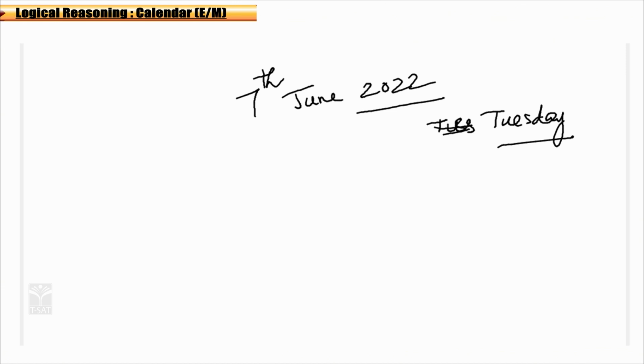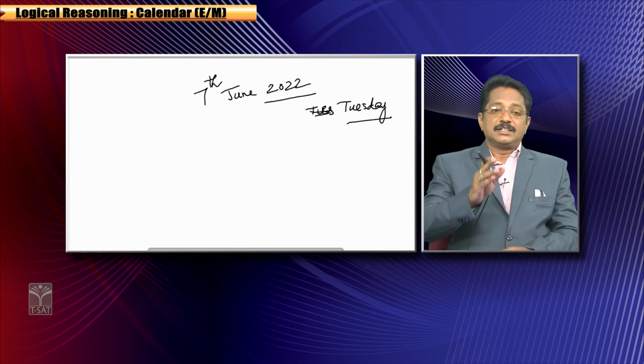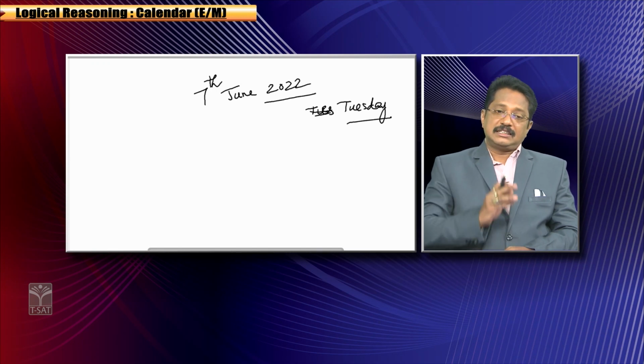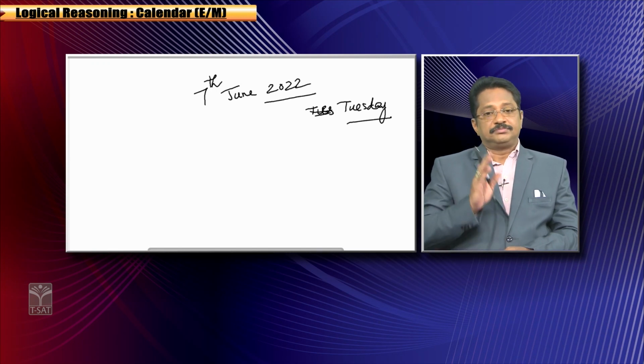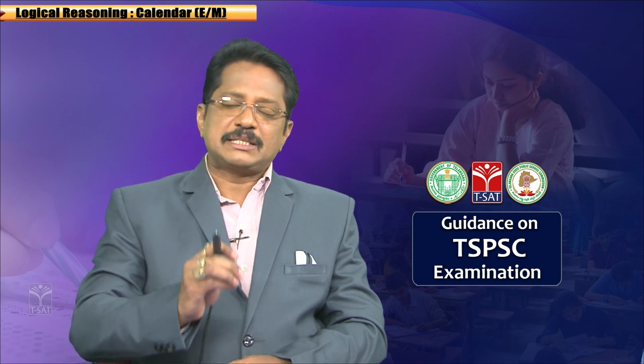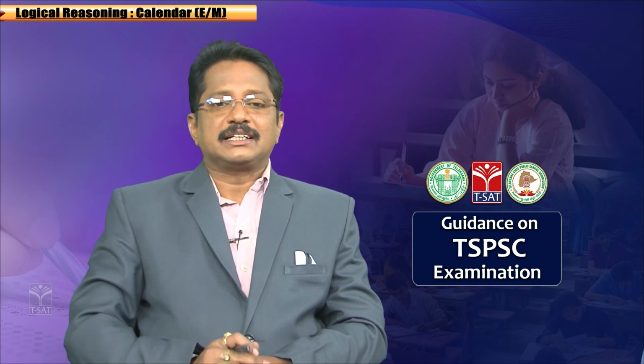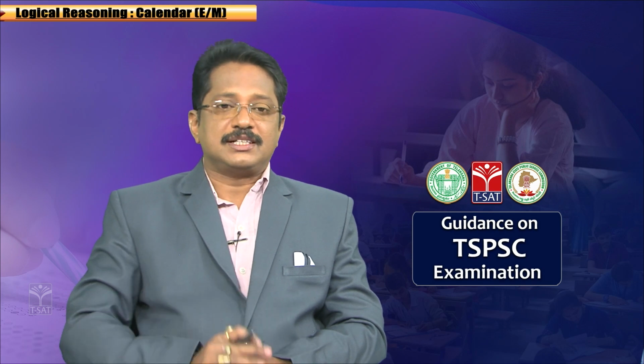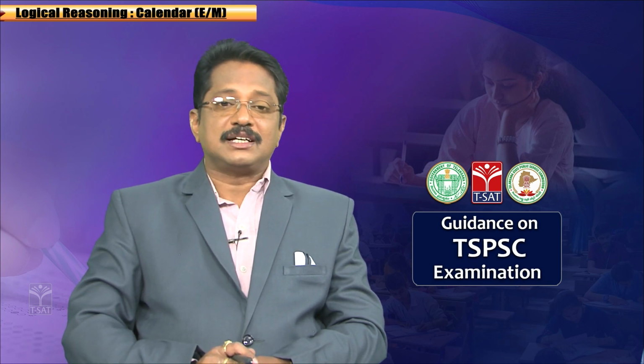Are you able to find it? I asked 7th June 2022, and you can say the answer is Tuesday. For example, if I ask what is the day on 15th July 2024, or on 11th April 1995? If you want to find it, there is a simple method. I will explain that method and you can get the answer easily. So follow this one. This kind of question will come in the examination.